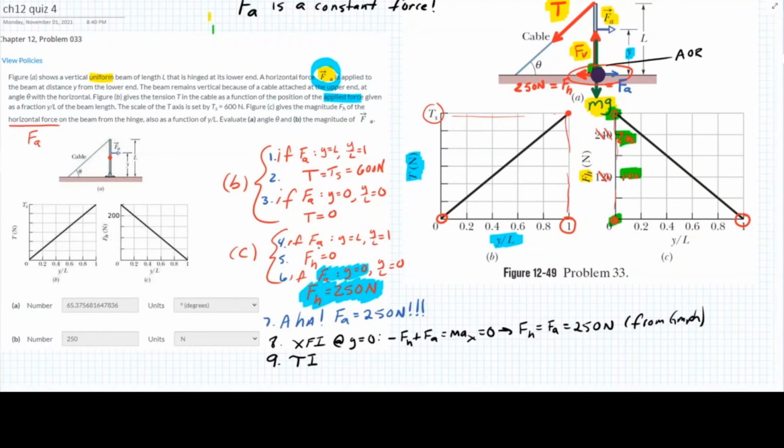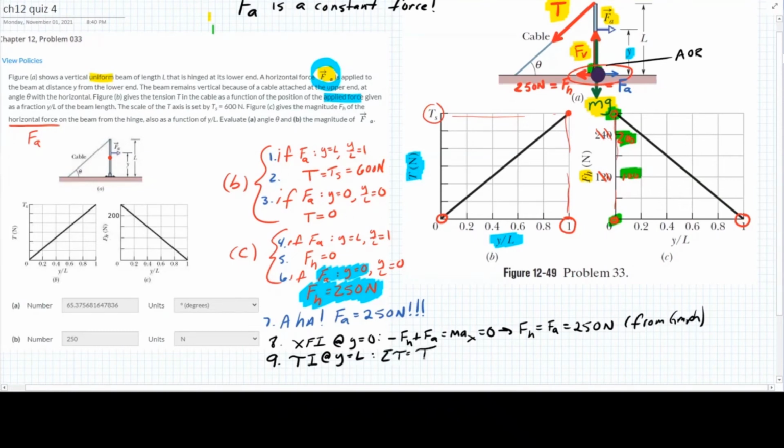Torque analysis at y equals L. It's interesting. Okay. Here's what I get. I get sum of all torques equals 0.